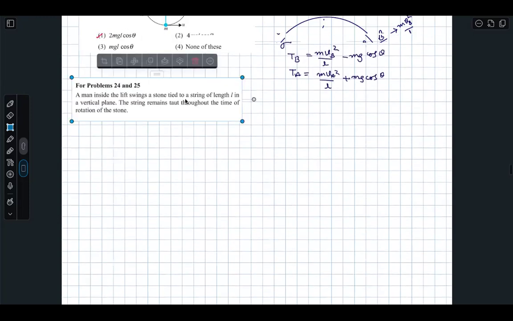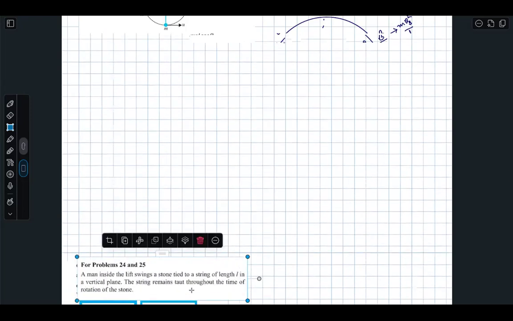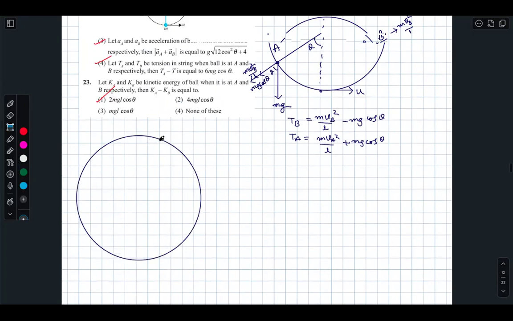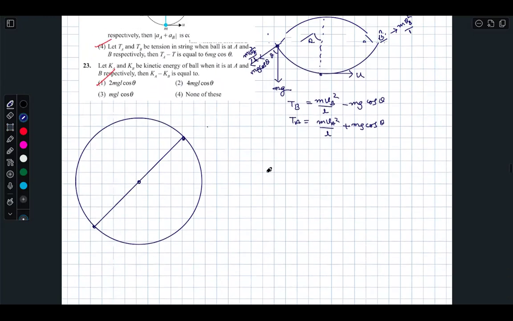For this particular circle, that is G cos theta.